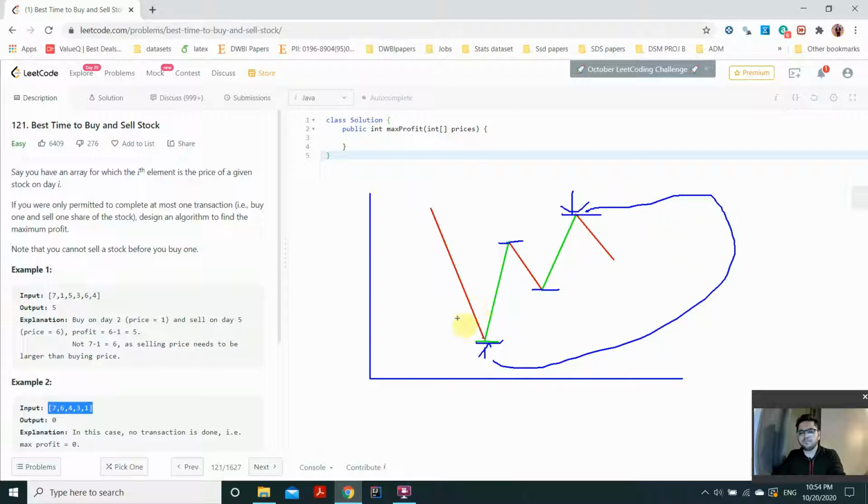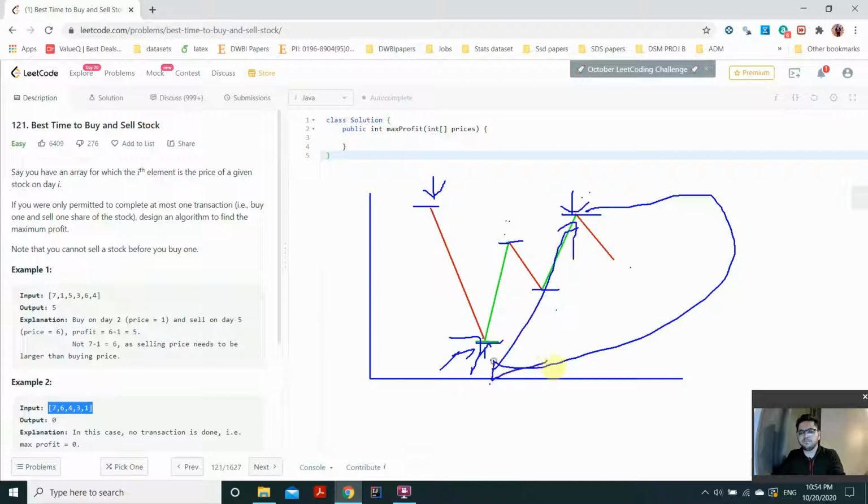One of the approaches you might think of initially is selecting each and every point and calculating the profit. Since a sell can only be done after we purchase the share, if we select this point in the brute force solution, then we need to go to this point, this point, this point, and then this point. Similarly, after selecting the second point, we would start there and calculate the profit at this point and this point, and here we would get the maximum profit.